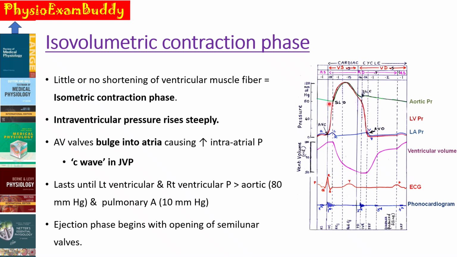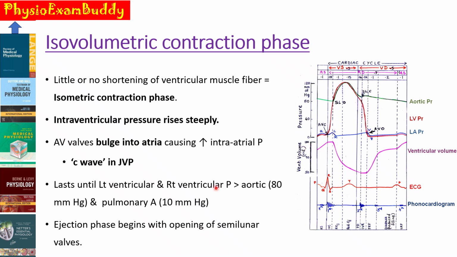Because of the increase in pressure in the ventricle, the AV valves bulge back into the atria, causing a rise in the intra-atrial pressure also. This is reflected as the C wave in the JVP.